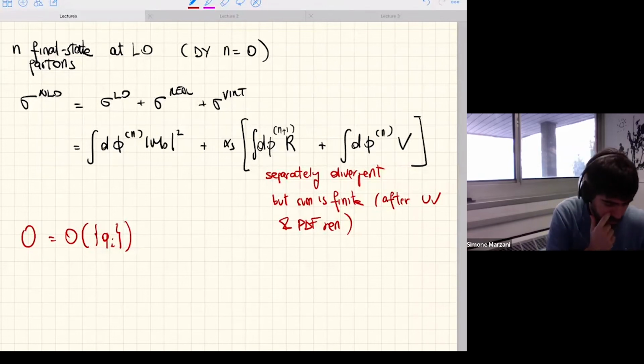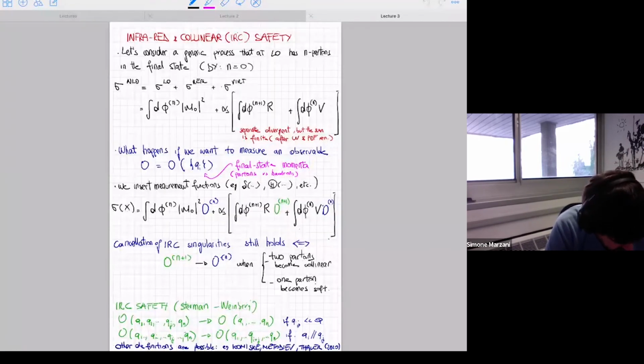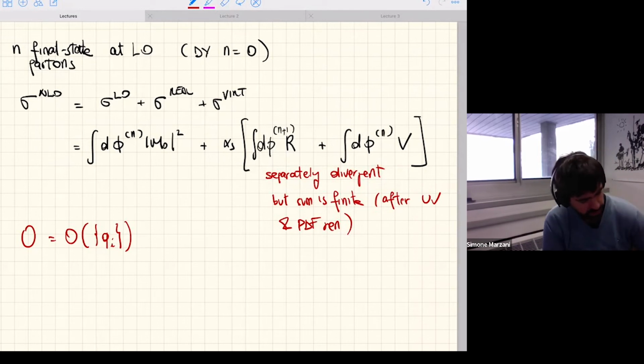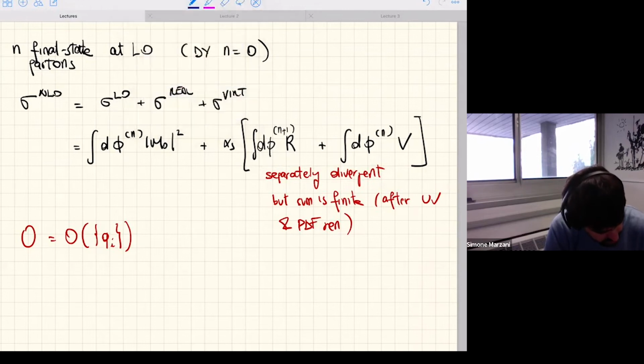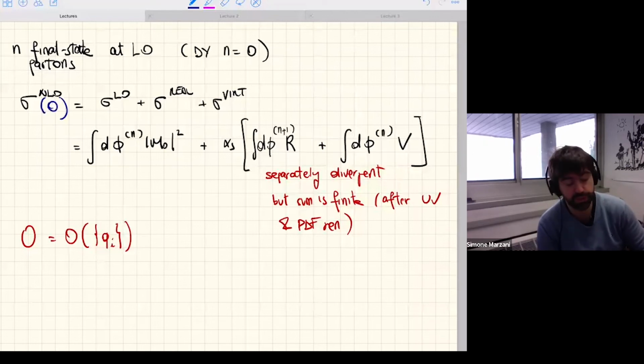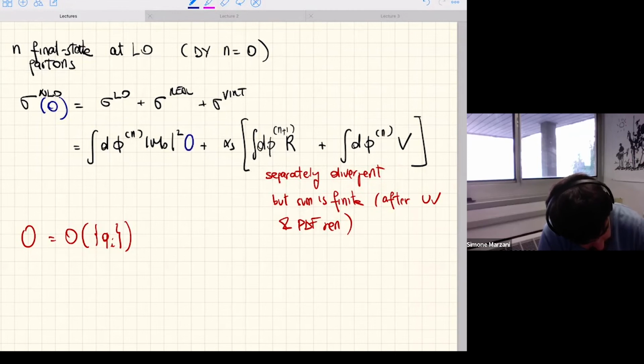Okay, so let me cheat a little bit. If I want to find the distribution of this cross section as a function of the observable O, what do I have to do? Well, I have to insert this measurement function.